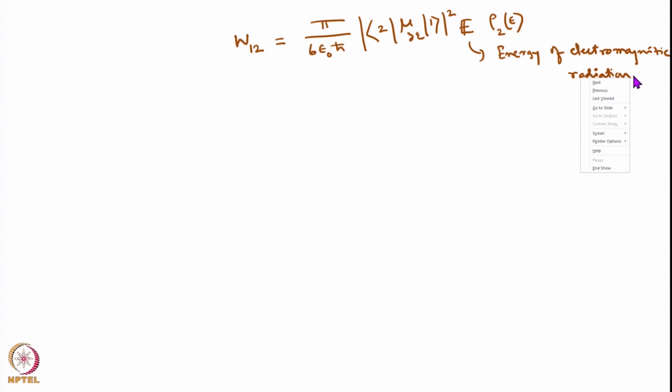Now, what I want to do is slightly modify this. This is based on Fermi's golden rule, and you know, Fermi's golden rule happens because there is a density of states. It is going from a discrete initial state to a state that is embedded in some density.